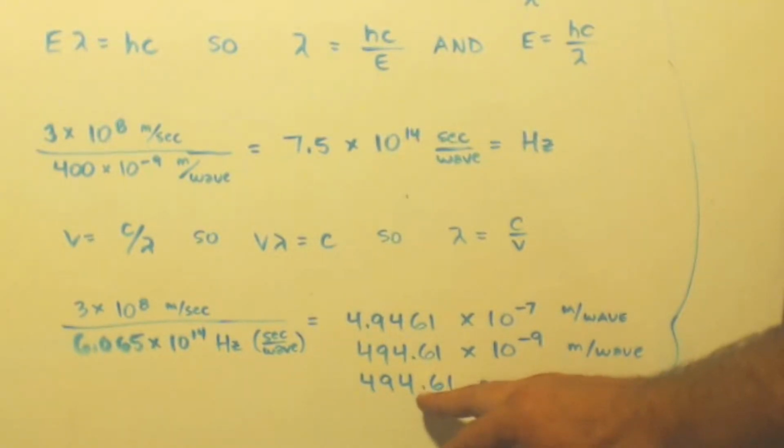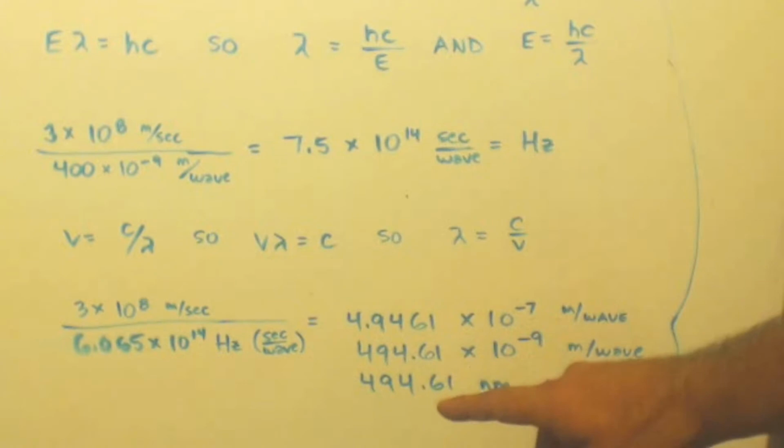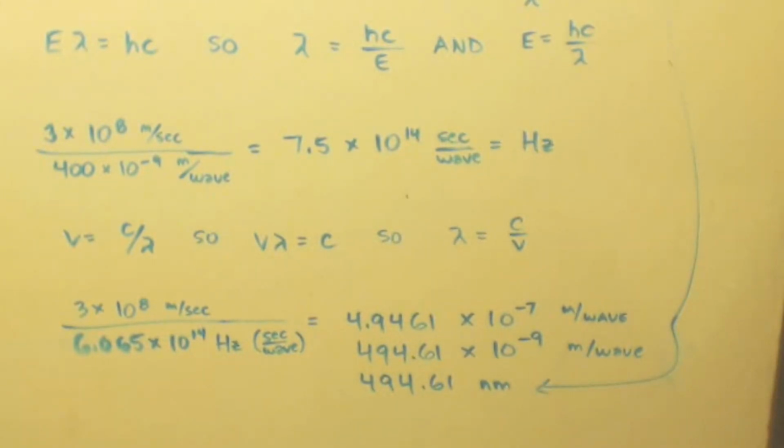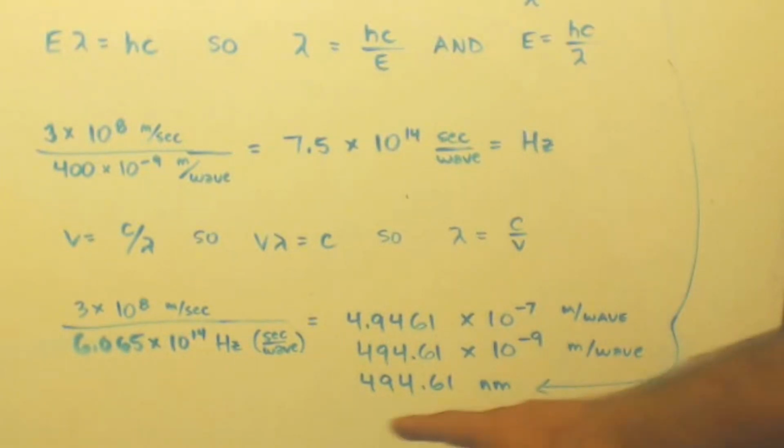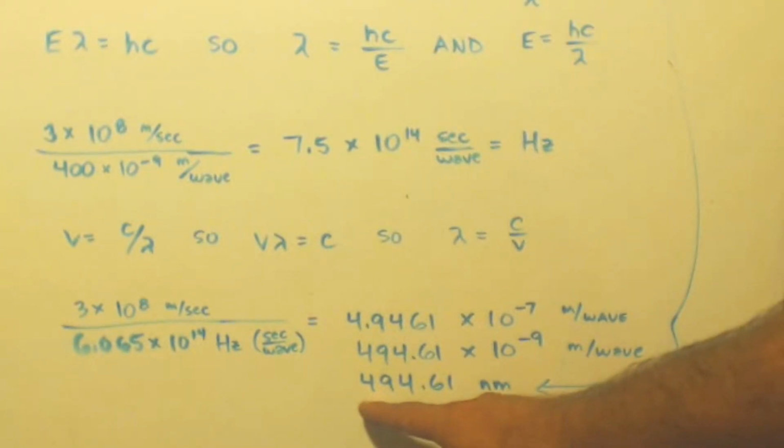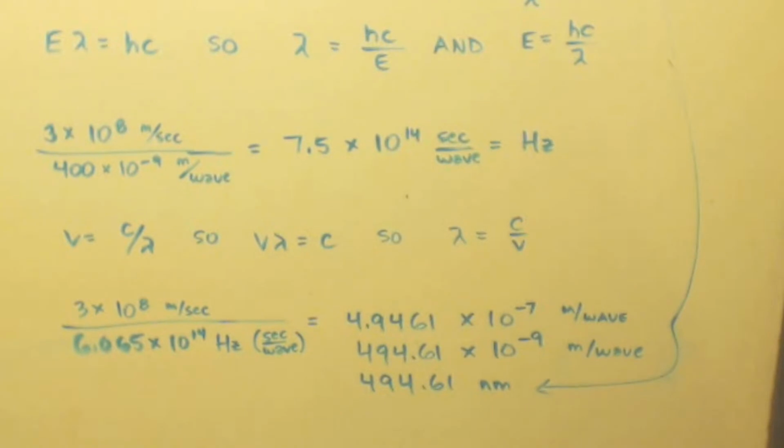So if I have any wavelength longer than this, say 495 nanometers, it will not have enough energy to break the bond. I would need something with this exact wavelength or a shorter wavelength, right?